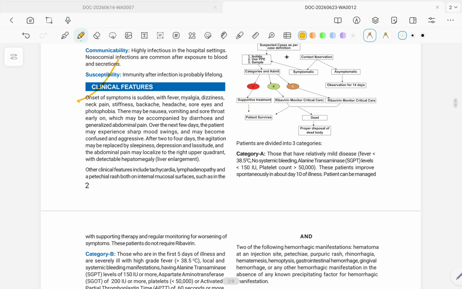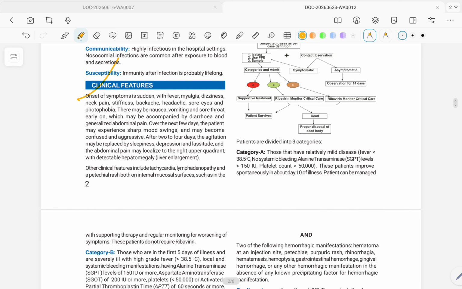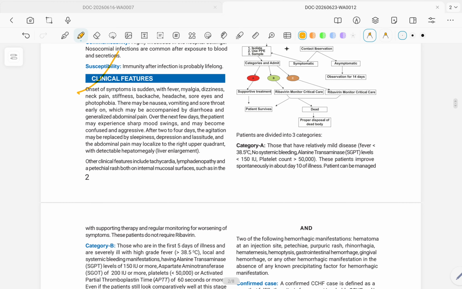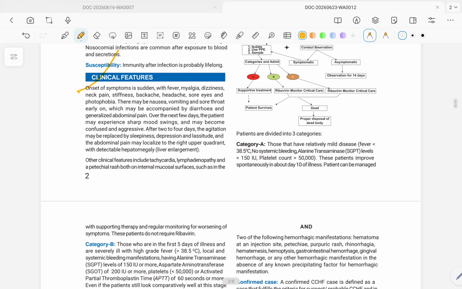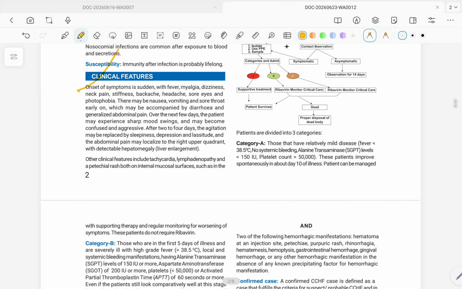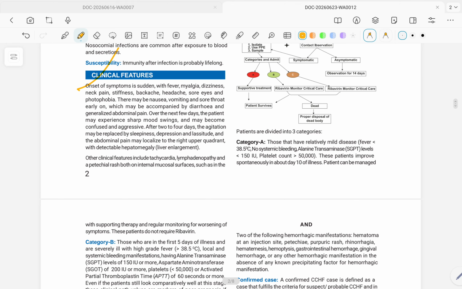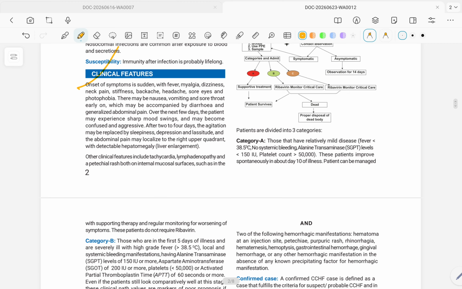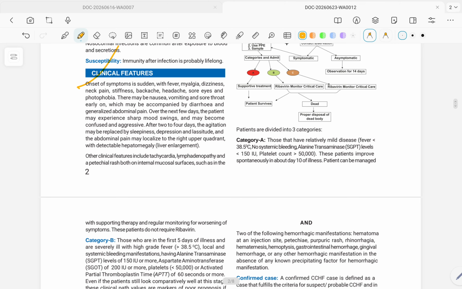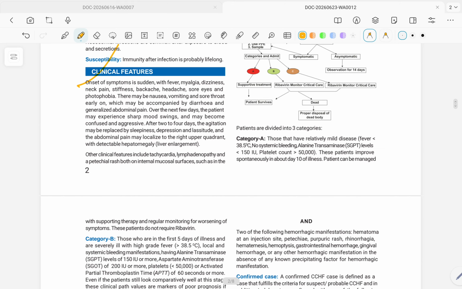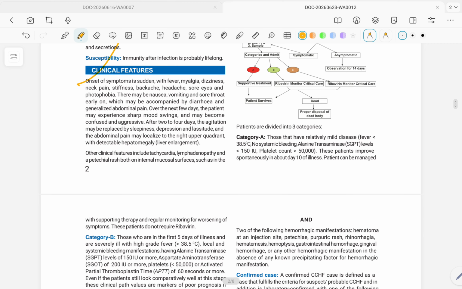Over the next few days, the patient may experience sharp mood swings and may become confused and aggressive. After 2 to 4 days, the agitation may be replaced by sleepiness, depression, and lassitude, and the abdominal pain may localize to the right upper quadrant with detectable hepatomegaly, liver enlarged.